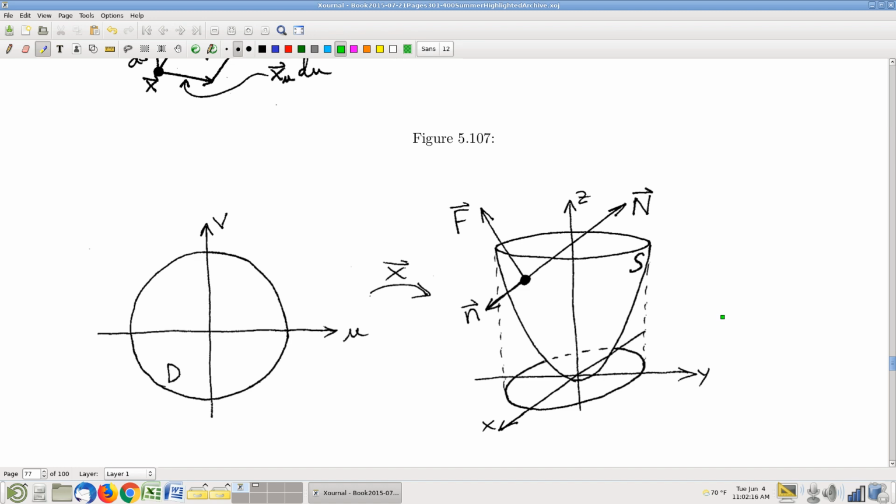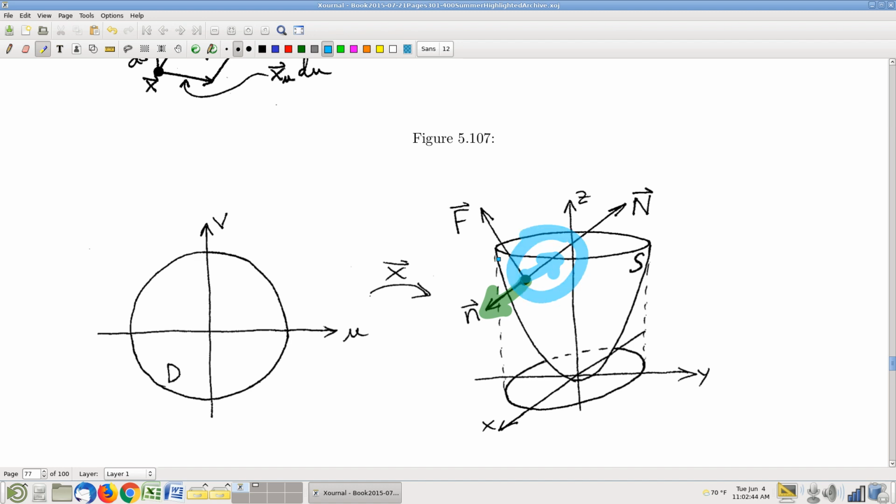We're supposed to parameterize this thing downward, but when I write down a parameterization, I haven't got the slightest idea which way that parameterization is going to go. So here's the landmine. The landmine is you might inadvertently parameterize backwards. And if you do, you're going to find yourself computing flux the wrong way.